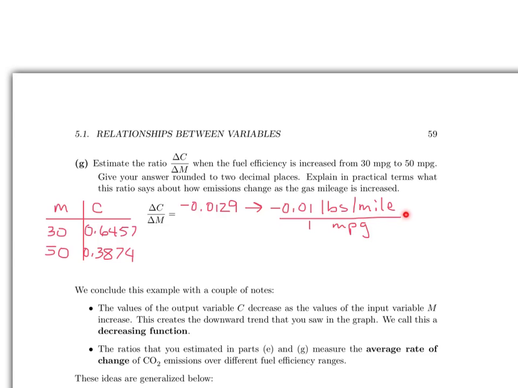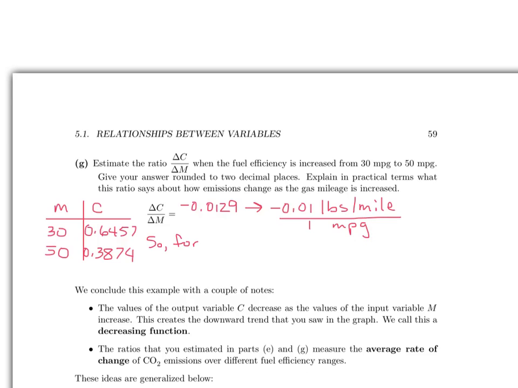The numerator represents the corresponding drop in the emissions when the fuel efficiency has been increased by 1 mile per gallon. So the fraction tells us that for each 1 mile per gallon increase, as long as we're staying in this range, the emissions will drop by an average of 0.01 pounds per mile. Let's go ahead and write that in.